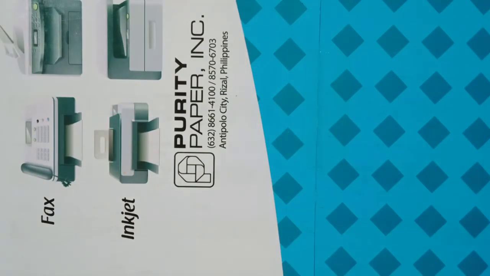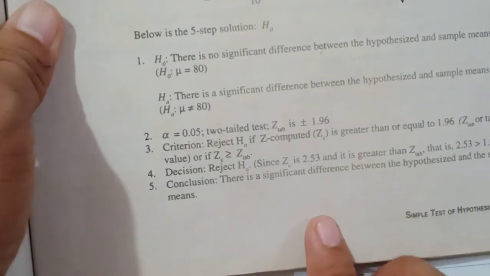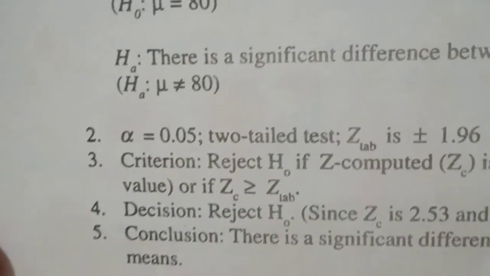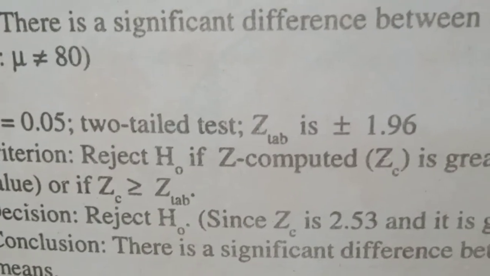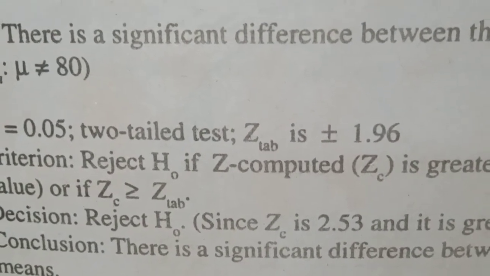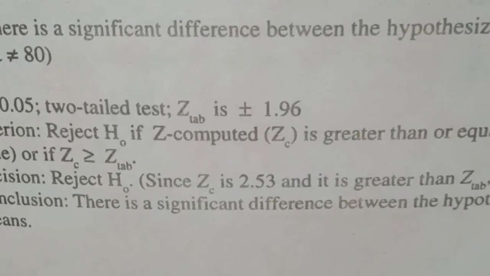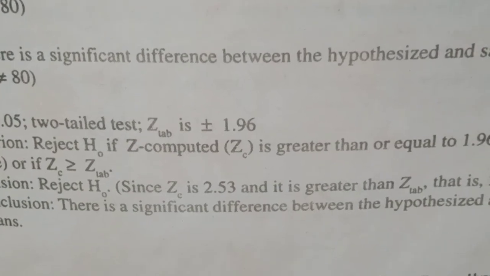Okay? Dito na tayo sa step 5. Ang step 5 natin, decision making. So, ang decision making, ito na yun. Pakita ko sa iyo. Yan. Decision: reject the null hypothesis since the Z value is 2.53 and it is greater than the critical value.